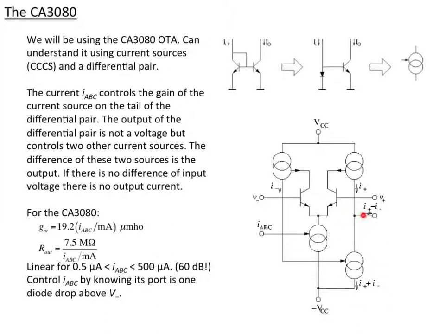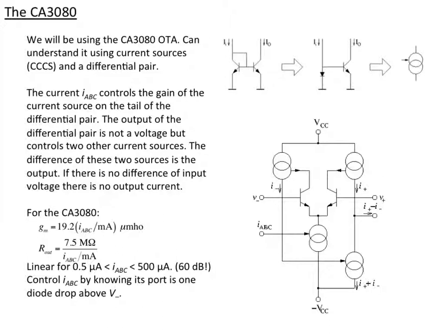The difference is taken here of those two currents, and that's the output current of the OTA. And so if this voltage is a little higher than that one, then this is a little bigger current. So this current is a little bigger than that one, and that has to come from here. If this voltage is a little bigger than that one, then this one is putting more than this one wants to take, and the output has to come here. So that's basically the way the 3080 works.